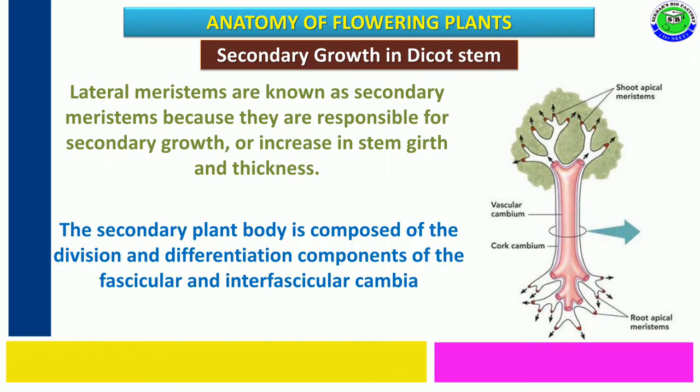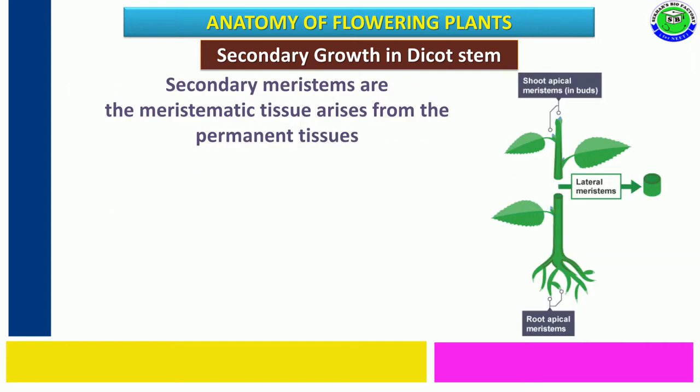Secondary growth leads to the formation of the secondary plant body, and it is composed of divisions and differentiation of components of the fascicular and interfascicular cambium present in between xylem and phloem of vascular bundles. The secondary meristem generally arises from the permanent tissues.